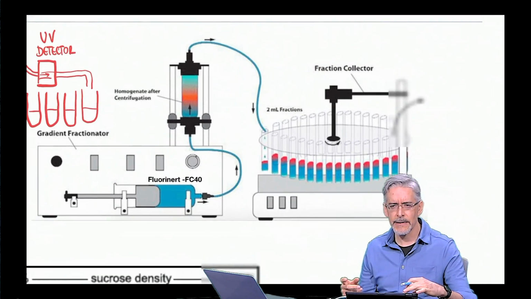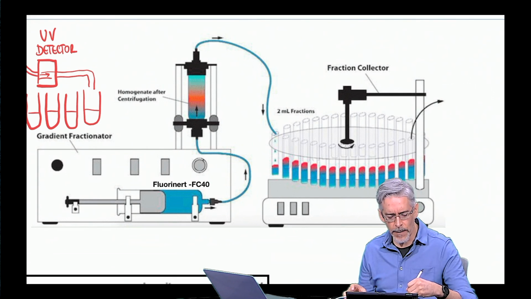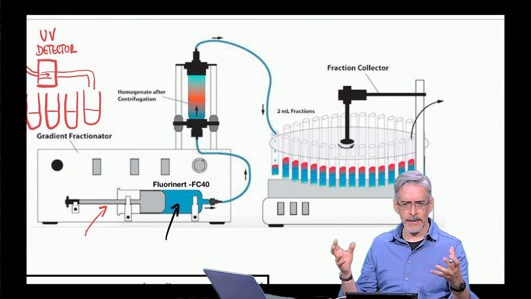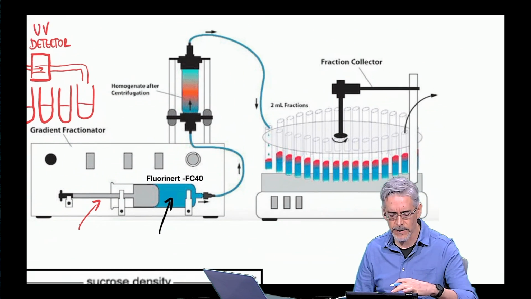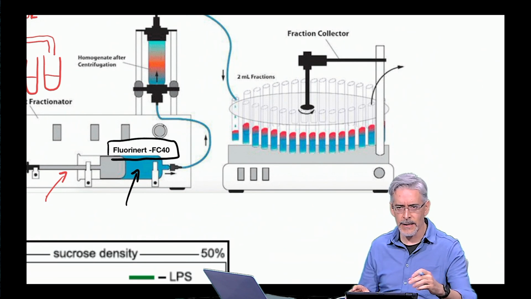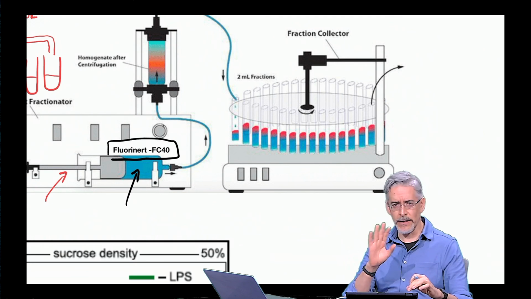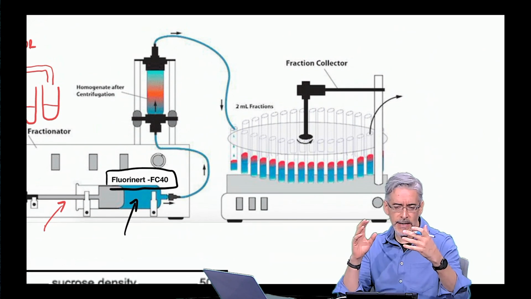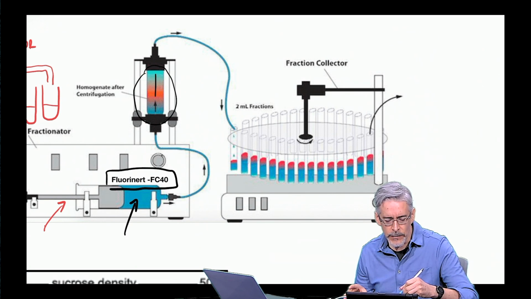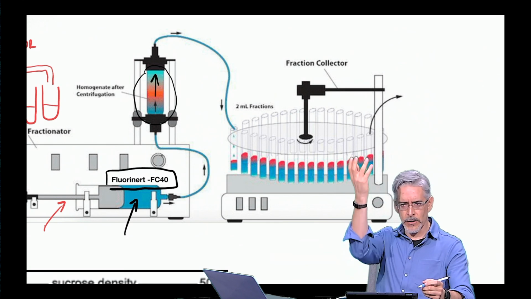You have an actual pump that will be pumping the high density solution, and typically a solution that is used for these kinds of experiments is known as Fluorinert FC-40. This is a very viscous solution that will not mix whatsoever with the sucrose that you have in the tube. So it gets injected into the tube, and the solution will be displaced from bottom to top.